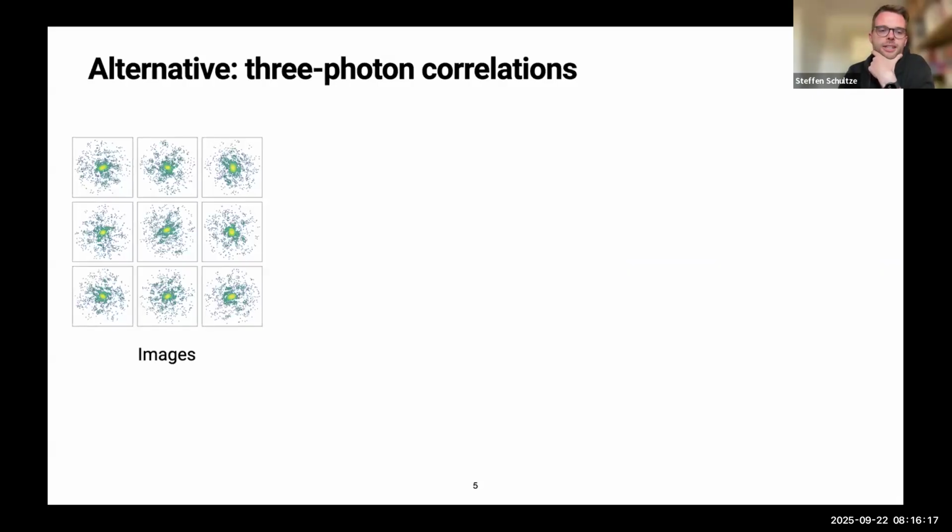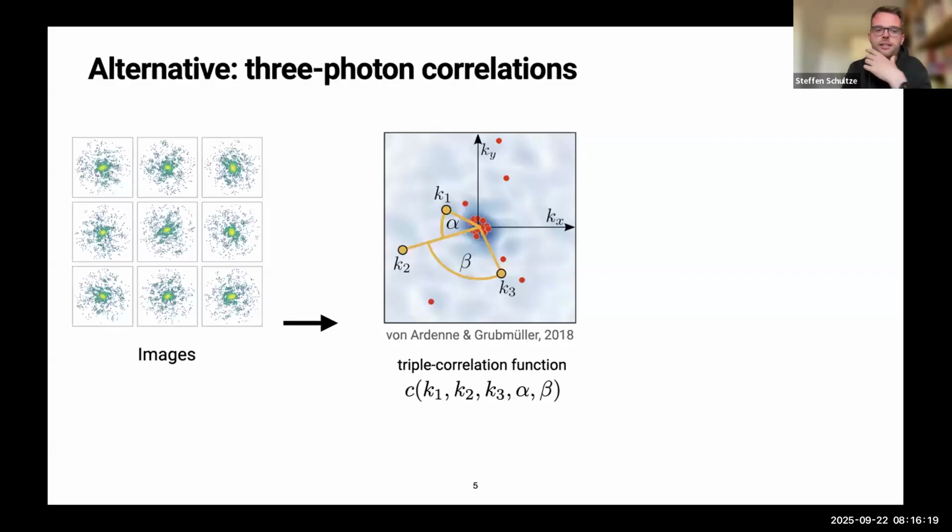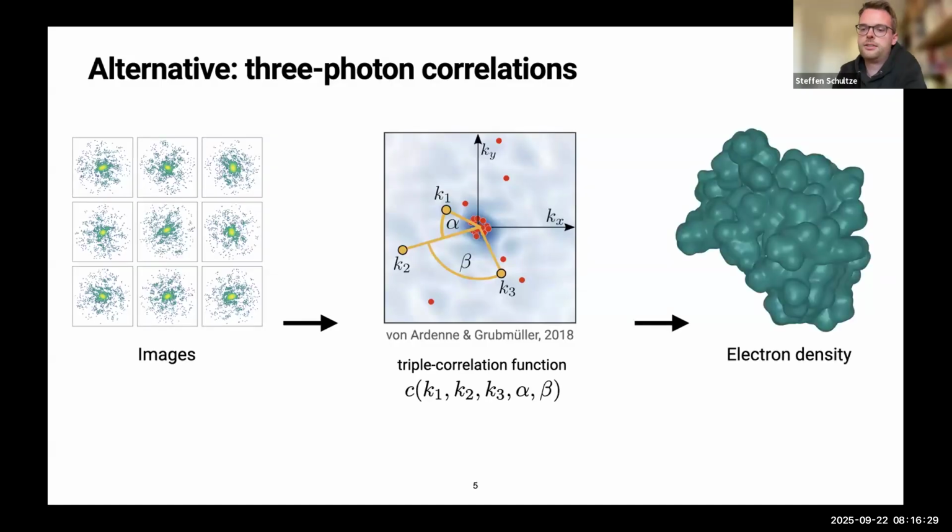This is 3-photon correlation, where the idea is first to take the images and compute a correlation function which is actually orientation independent, and from this, in this case a 3-point correlation function, one can get the electron density. This is really interesting because it shows that the limit is as low as 3 photons per image, quite a lot lower than what is available.